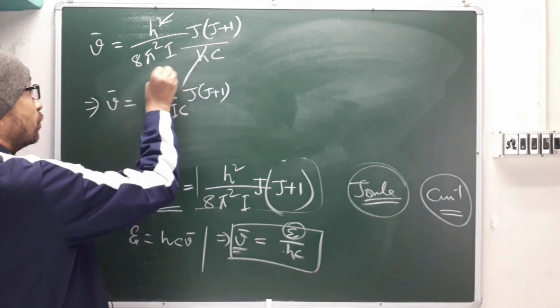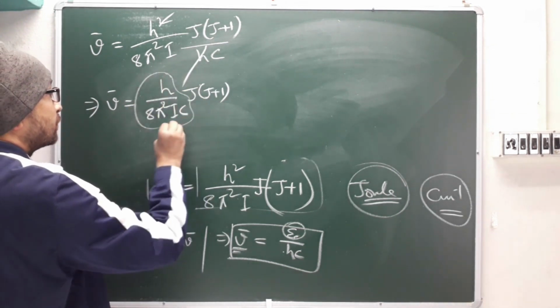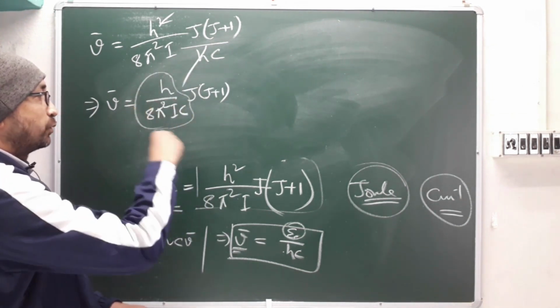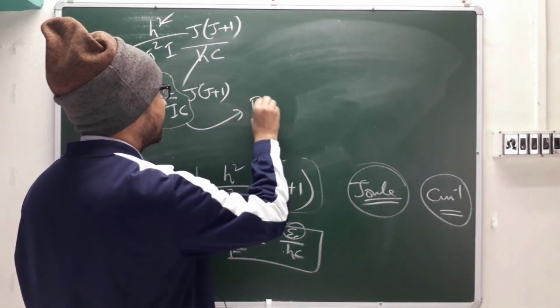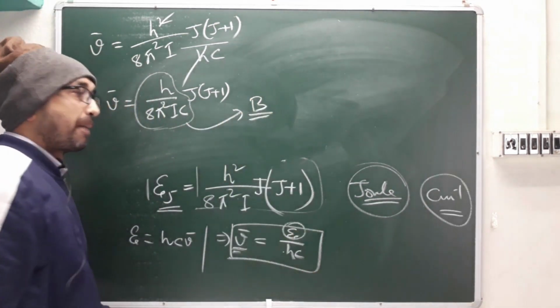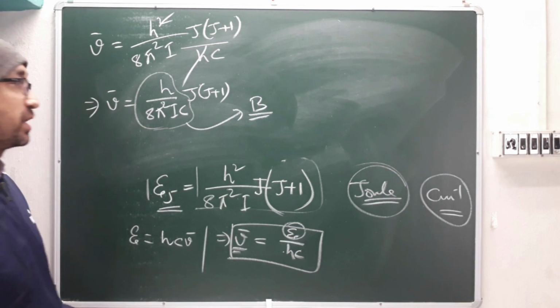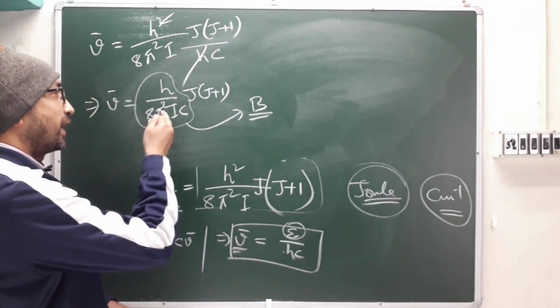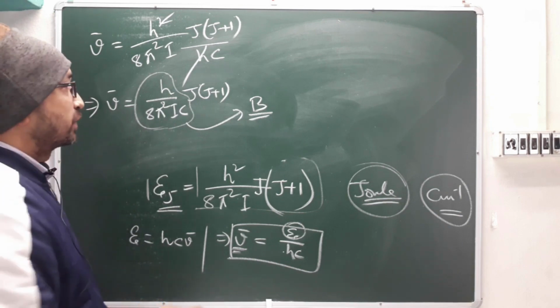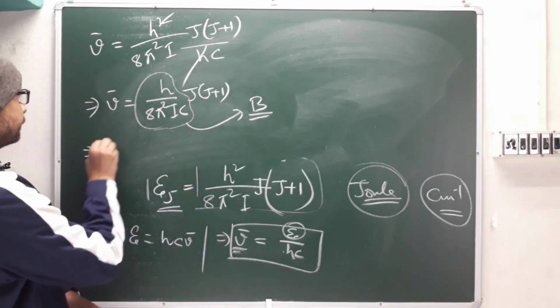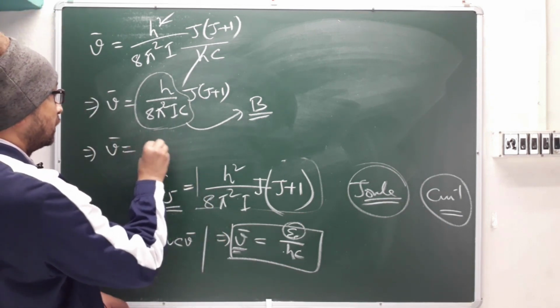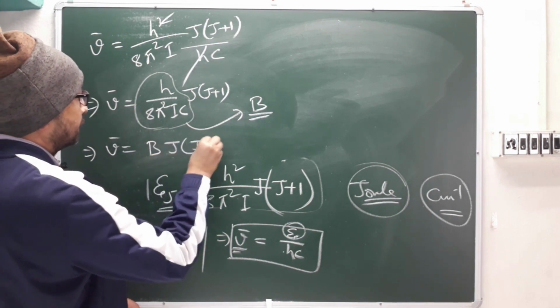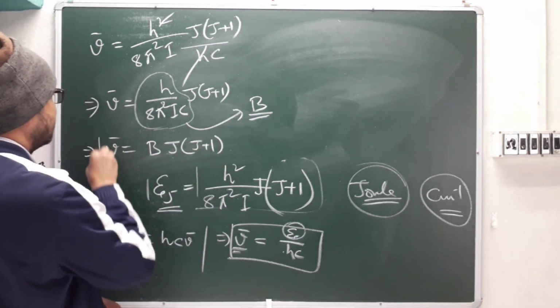And you know what we call this particular constant value: this is called B. This constant B is equal to h upon 8 pi square I c. So directly we can write the wave number equal to B J into J plus 1, correct?